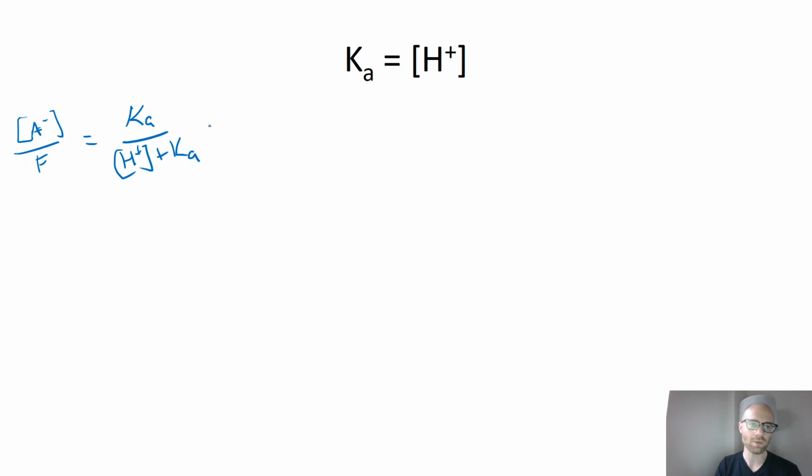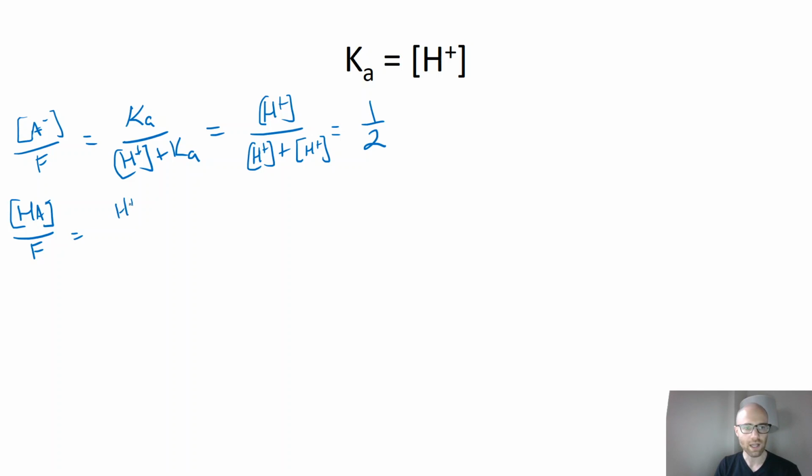So if Ka is equal to H plus, that gives us H plus over H plus plus H plus, which is 1/2. Similarly, if we were to plug in for the HA concentration as a percentage, we get H plus over H plus plus Ka, which if Ka and H plus are equal, you again get 1/2.